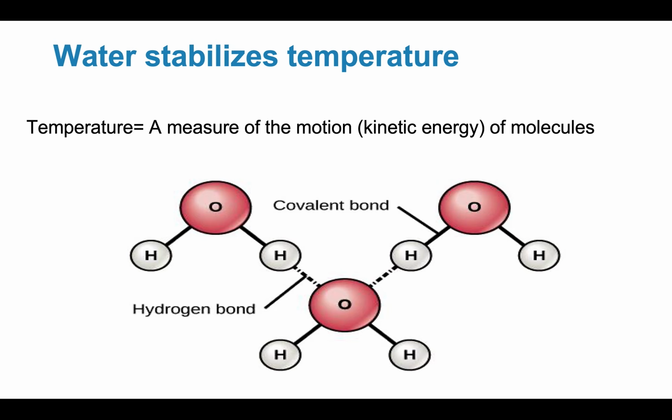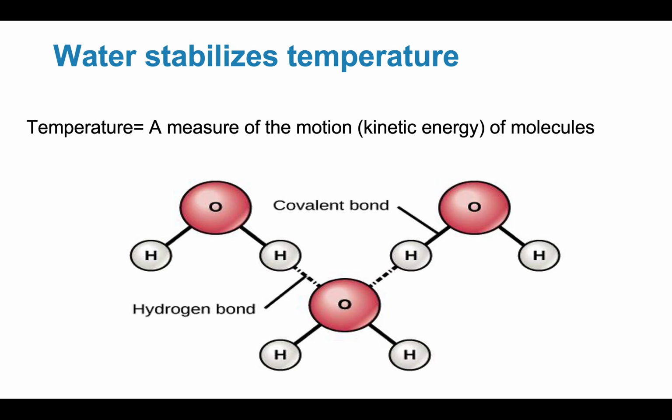So if you compare two different liquids, let's say alcohol and water, you're going to have to heat up water a lot more before you can raise its temperature as compared to alcohol. So this is called heat capacity. Heat capacity measures the amount of heat that is required to increase the temperature of a liquid by 1 degree.